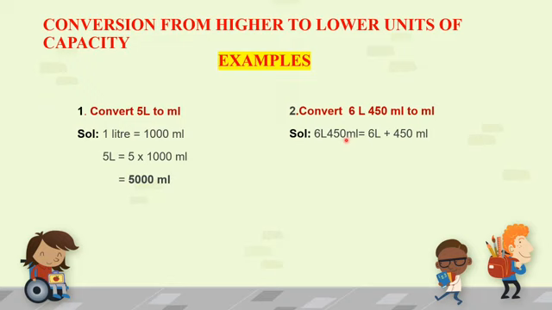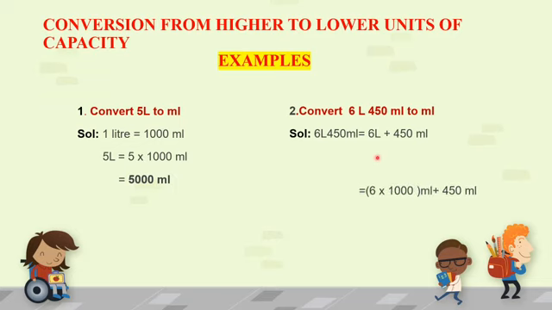But we'll have to separate liter and milliliter. So we will write 6 liter plus 450 milliliter. We'll put the sign of plus between the two numbers and between the two units.